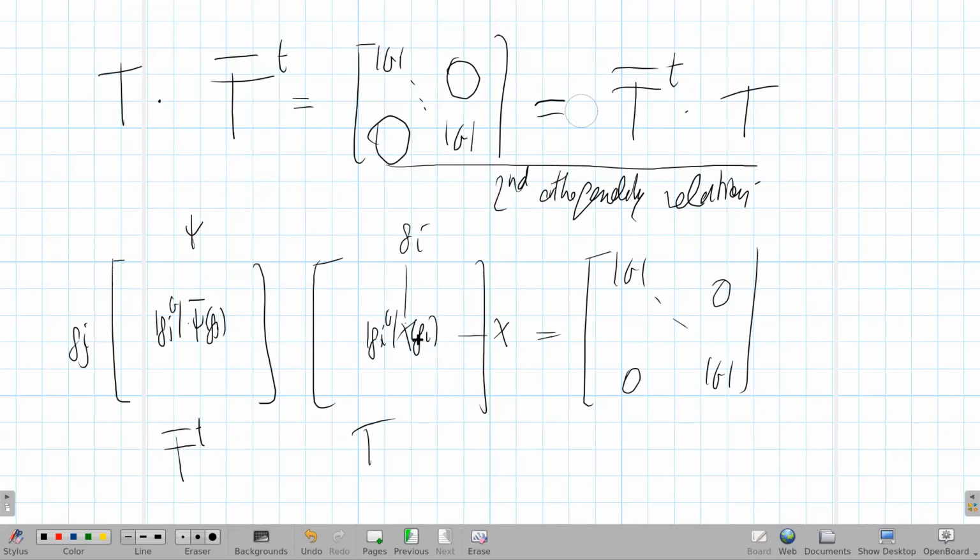So this time the ji element of the product is, this time we sum over the irreducible characters, because these are the column index of the first matrix.